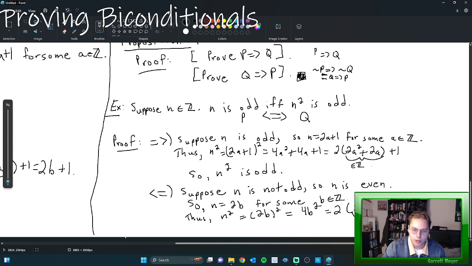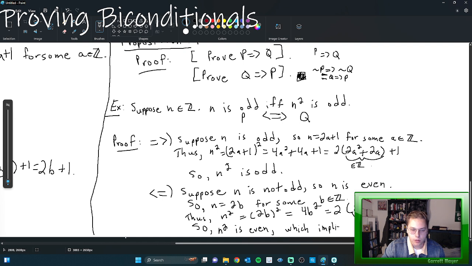That's an integer, so n squared is even, which implies n squared is not odd. And that is our biconditional proof.